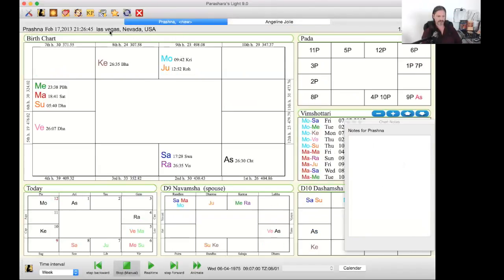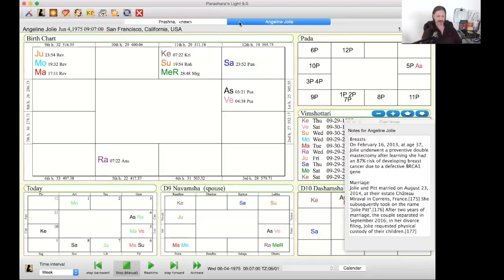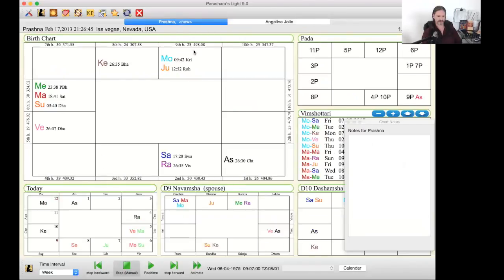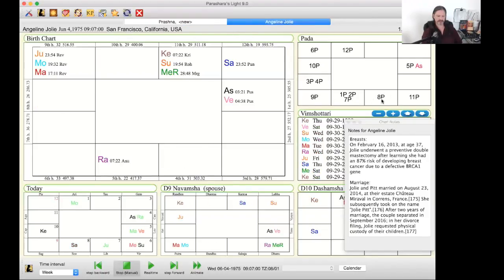Now, this is the progeny chart for February 17th, 2013. And we're looking at the transit of Saturn here. Let me go back to her chart. So let's look at these padas, and we can see she has the 8th house pada here in Libra.